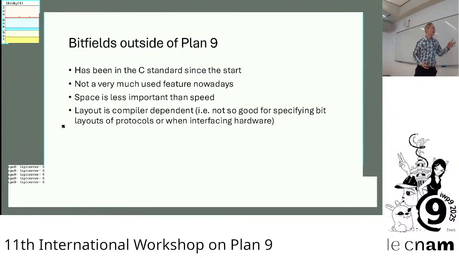Another problem that limits the usefulness is that the exact layout is compiler dependent. The C standard doesn't specify exactly how these bitfields are going to be laid out, and that means they are less useful for specifying protocols like network protocols or interfacing with hardware bit by bit.